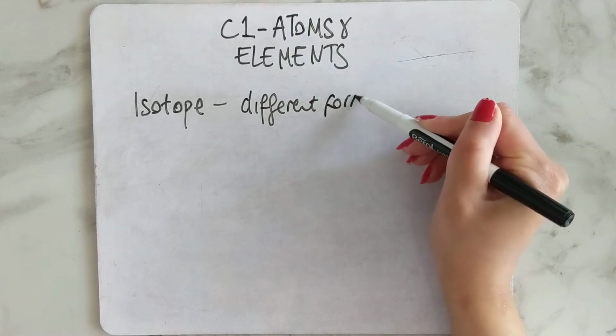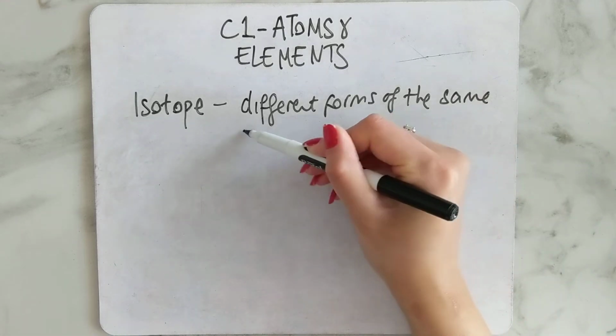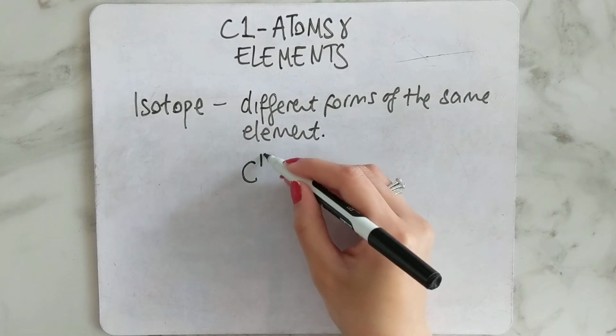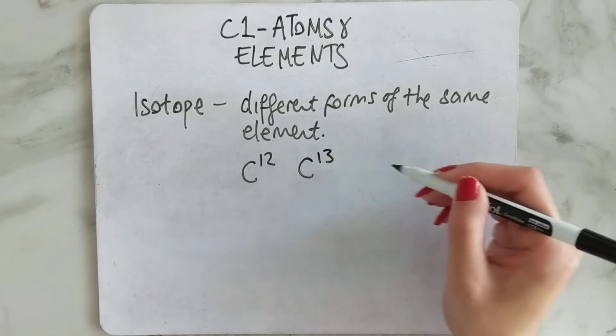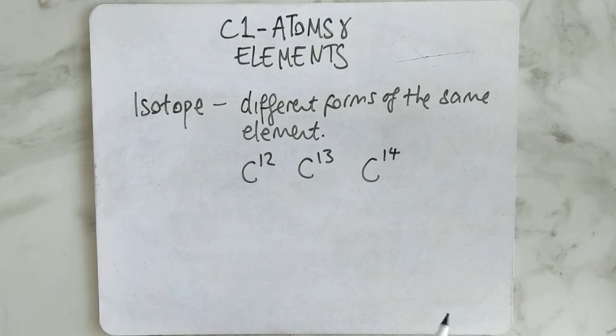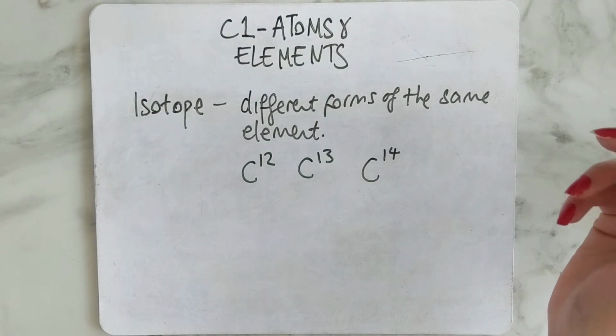Different forms of the same element. So for example, you can get carbon-12, carbon-13, and carbon-14. They're still carbon, they're all still carbon. The only difference is the number of neutrons.